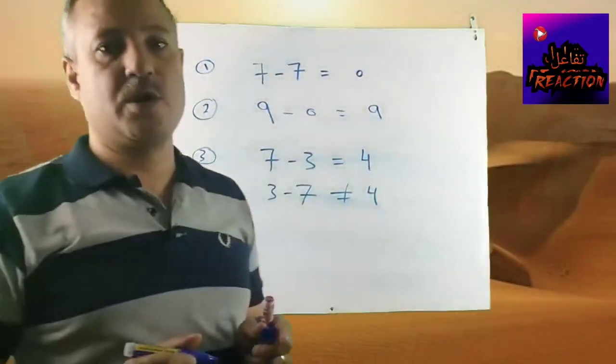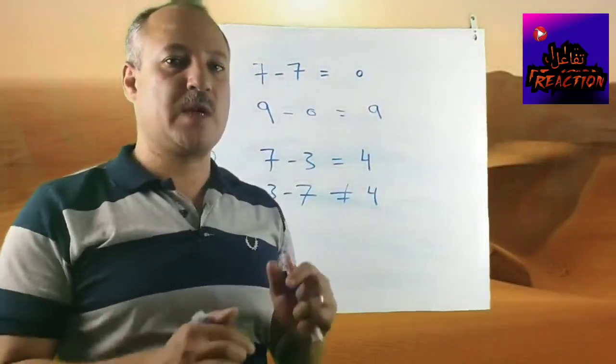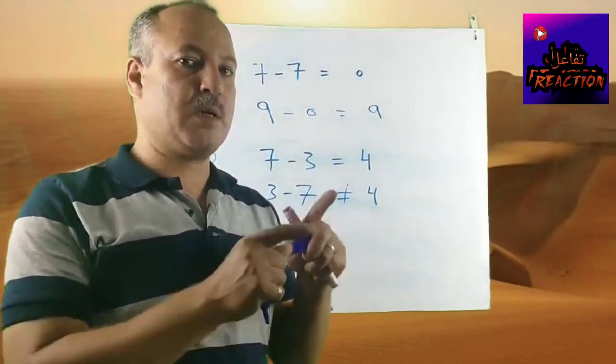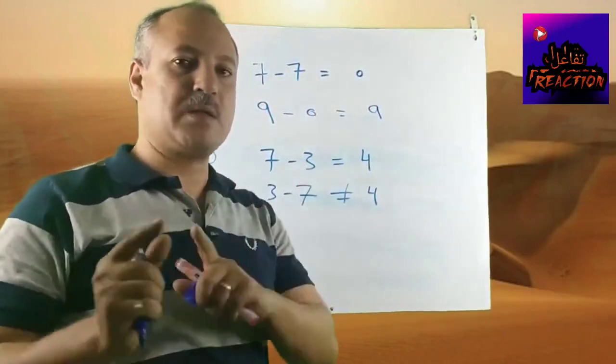Subtraction is not associative. Association means we can group the first numbers, the middle numbers, or the last numbers.